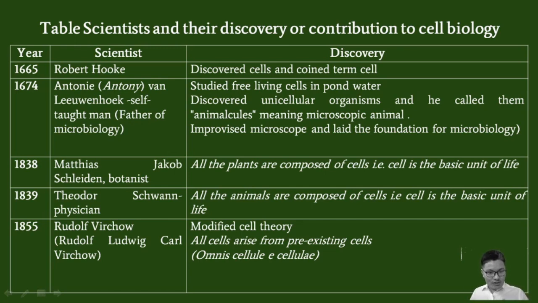Our body is composed of cells. Our cells are derived from a single cell called the zygote. So these three great scientists, Matthias, Theodor, Rudolf, three of them gave the cell theory.